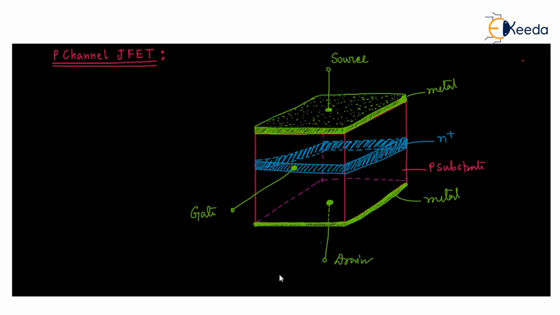This is the ring-like doping region. You can see the doping region like this. This is the doping region of the device. So this is all about the construction of a junction field effect transistor.